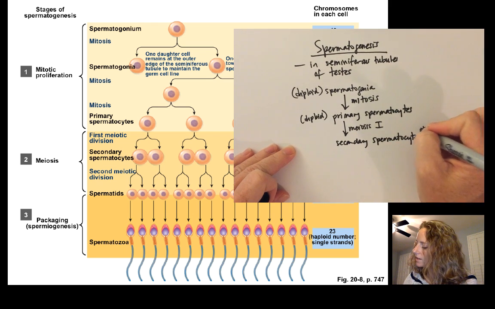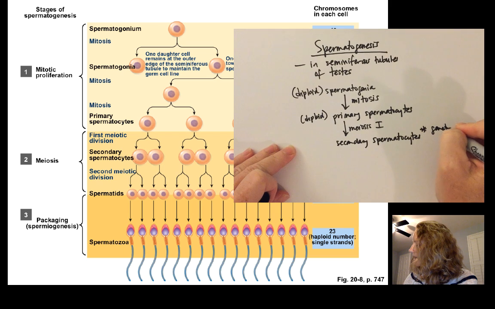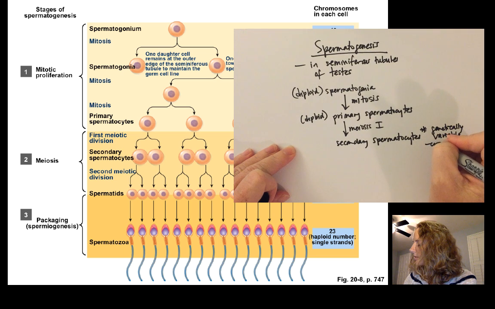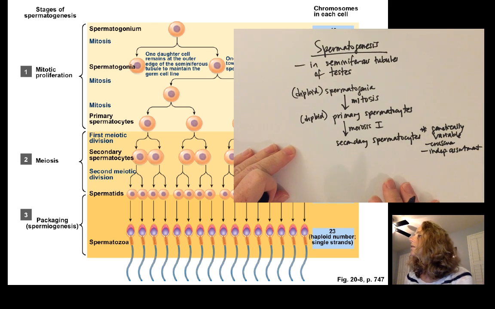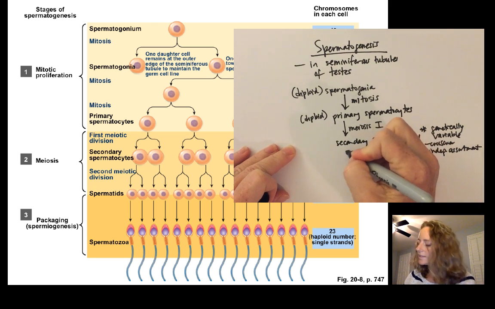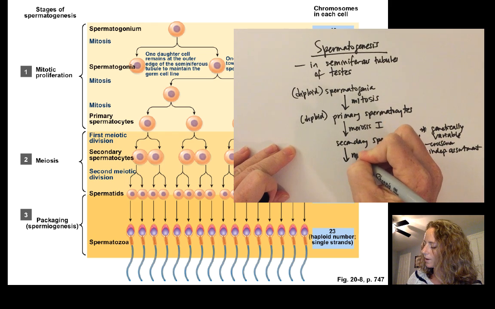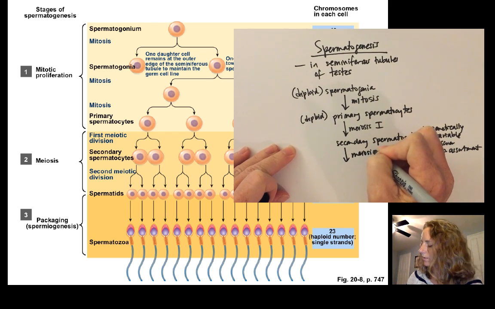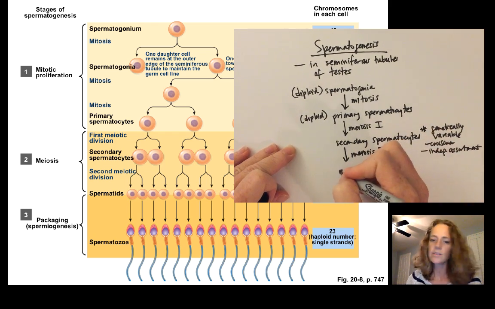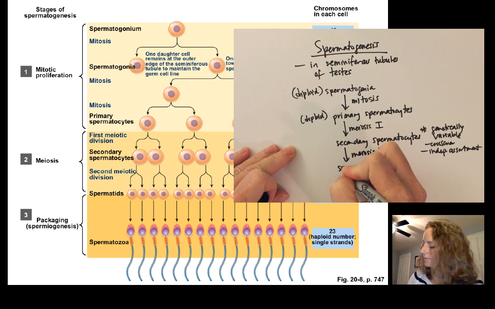So these will now be genetically variable because of crossover and independent assortment during meiosis 1. The secondary spermatocytes then will undergo meiosis 2 to create spermatids.